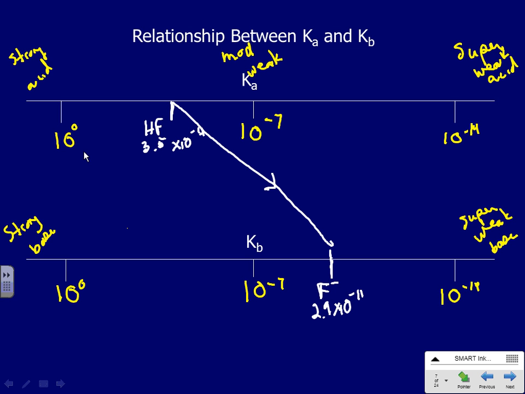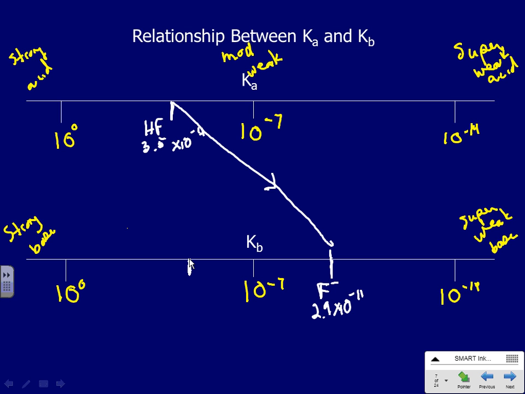Let's do another one where we take a look at a base, a moderately weak base. And on my page from the past, I used NH3. So let's use NH3. I'm looking at ammonia, NH3. It's going to be on the base side, 1.8 times 10 to the minus 5. So that's minus 7, right? Minus 6, minus 5, somewhere in here, not quite as far over.